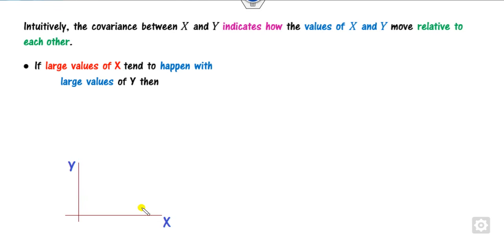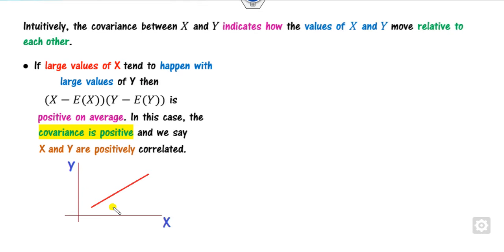So the first case, if you look at the relation between x and y, is if I increase the value of x, and it increases the value of y also. If larger values of x tend to go with larger values of y, then it means it is a positive correlation. You can see when you increase the value of x, the value of y also increases.